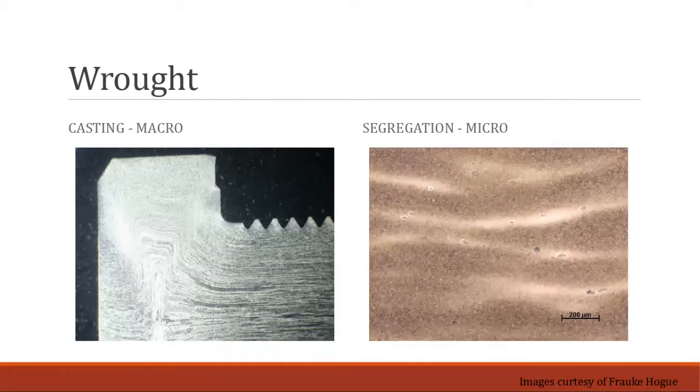When you look at it under the microscope, this happens to be a 4140 material. The differences in contrast that you see here on the left are reflected in the microstructure. The darker regions versus the lighter regions are a chemical segregation.